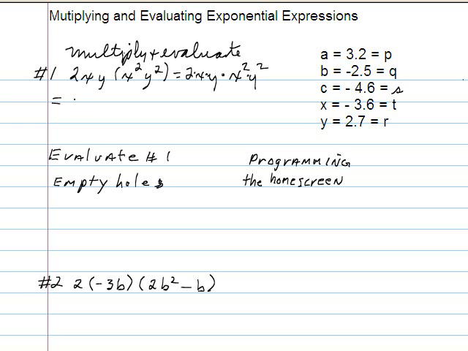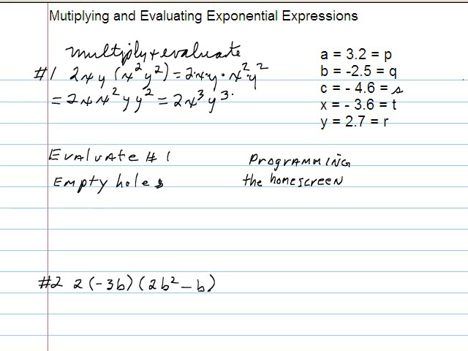I'll put my x's together, and I'll have x squared, and I'll put my y's together, y squared, and x times x times x is x cubed, and the same for y, so this is just simply 2x cubed y cubed.